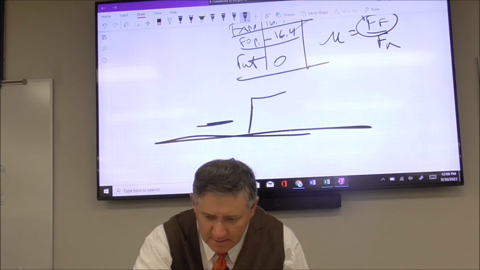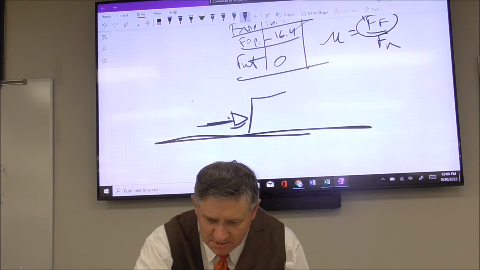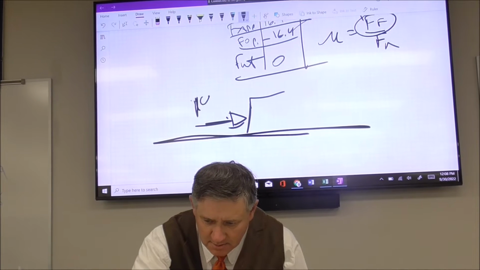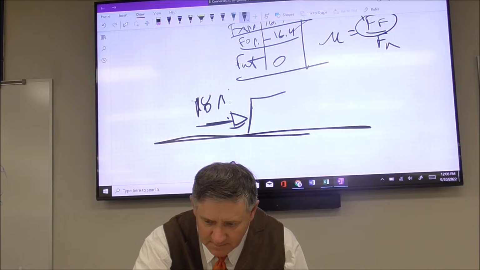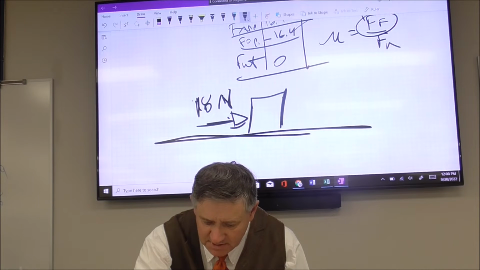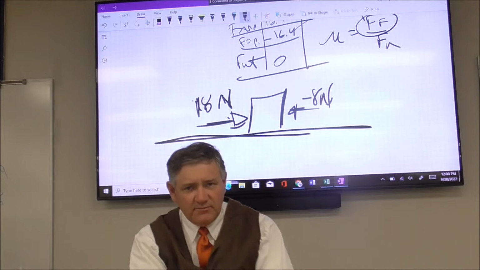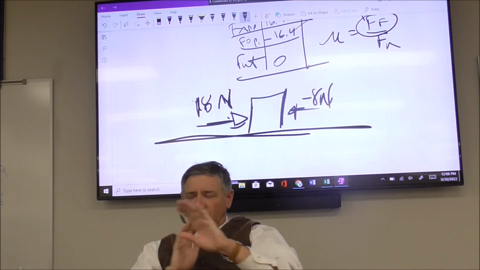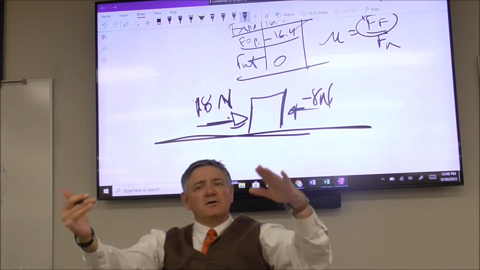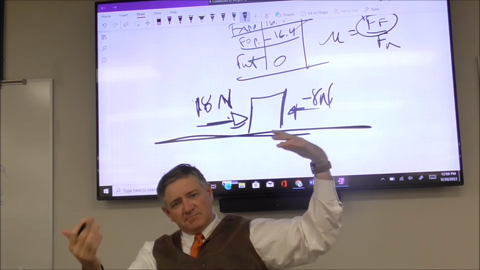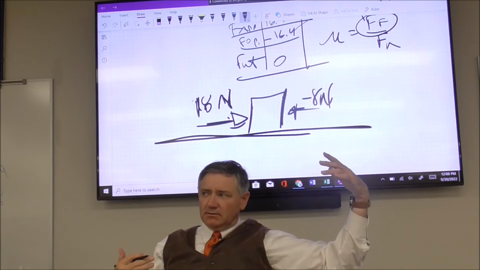You're applying a horizontal force of 18 newtons. In round numbers, you have an opposing force of negative 8 newtons. So you're pushing with 18. The frictional mafia is demanding that you pay them about 8.